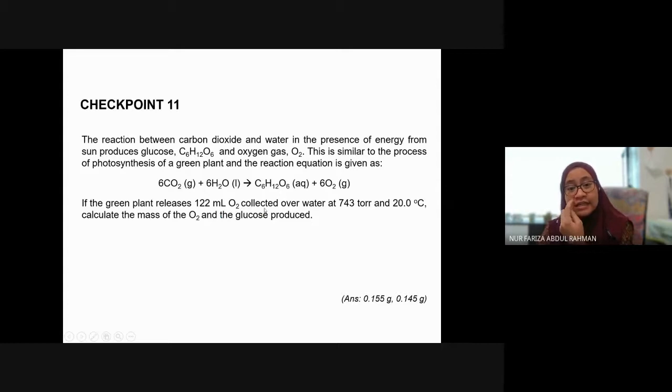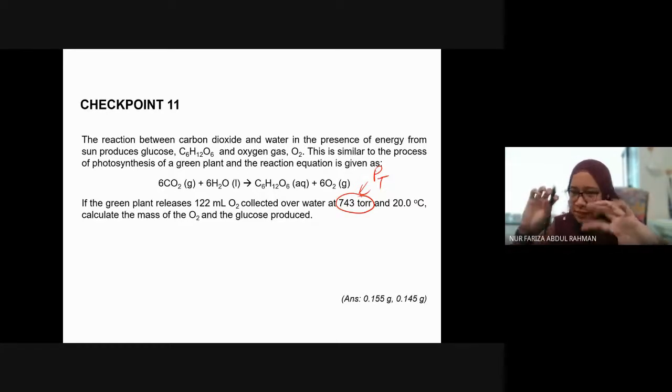Dia kata kat sini collected over water. So please bear in mind the P given here is P total unless otherwise stated. Kalau dia nak cakap benda lain mesti dia bagi info lain lah. So in this case, the given pressure is the P total. Because it is collected over water, that means the P total is equal to the P of oxygen plus P of H2O.